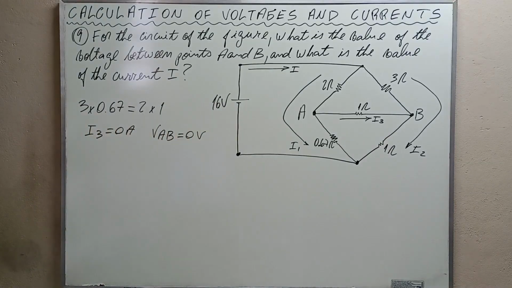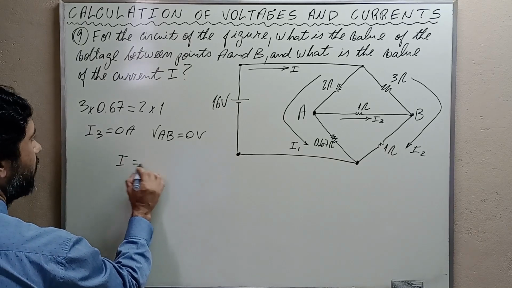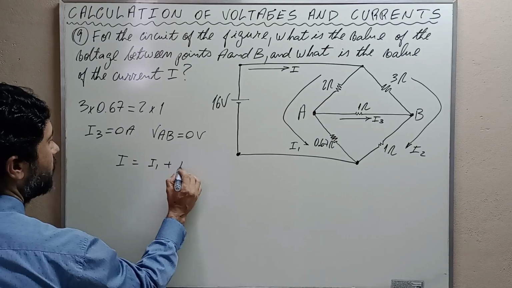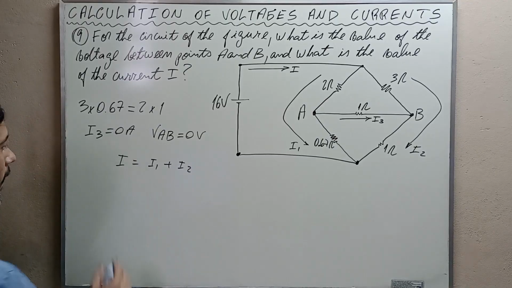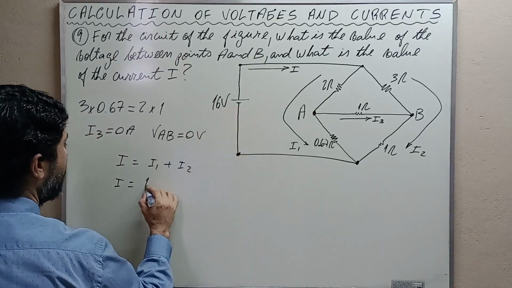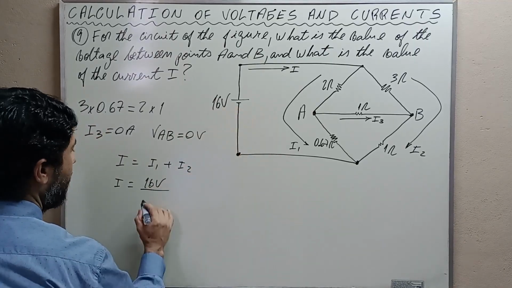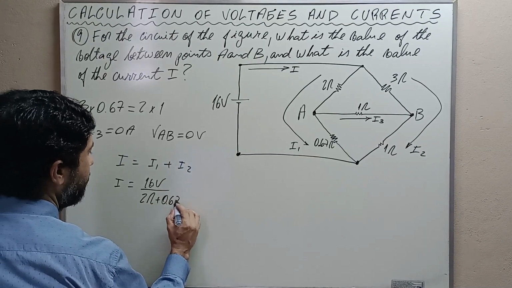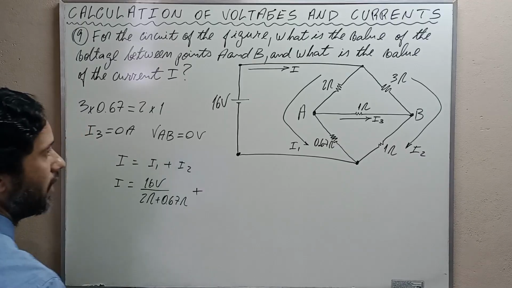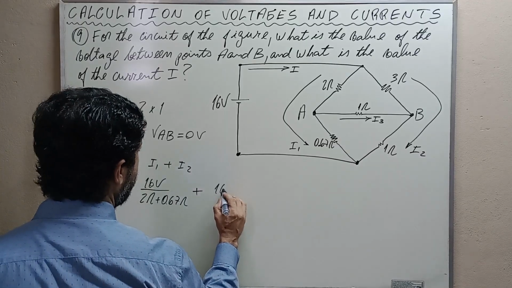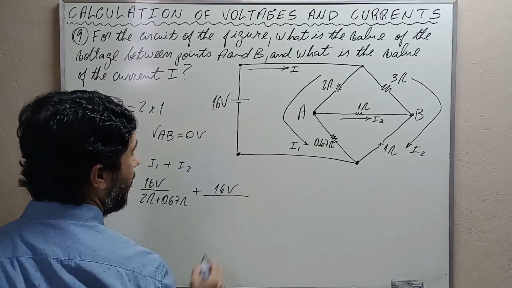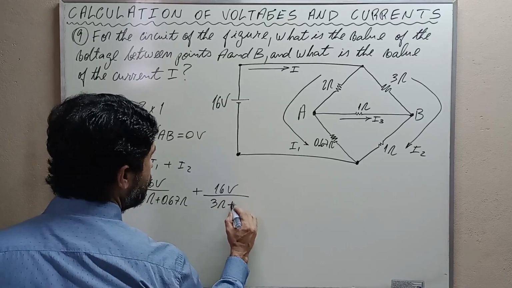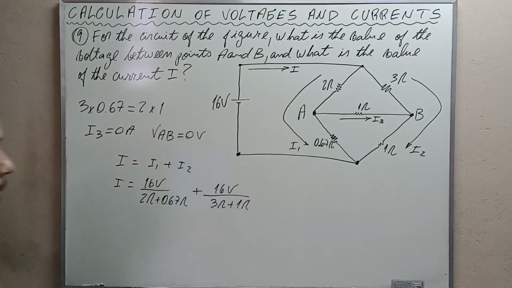There is no voltage drop between points A and B. Let's calculate now current I. Observe that I is equal to I1 plus I2. I1 is 16 volts divided by 2 ohms plus 0.67 ohms, and I2 is 16 volts divided by 3 ohms plus 1 ohm.